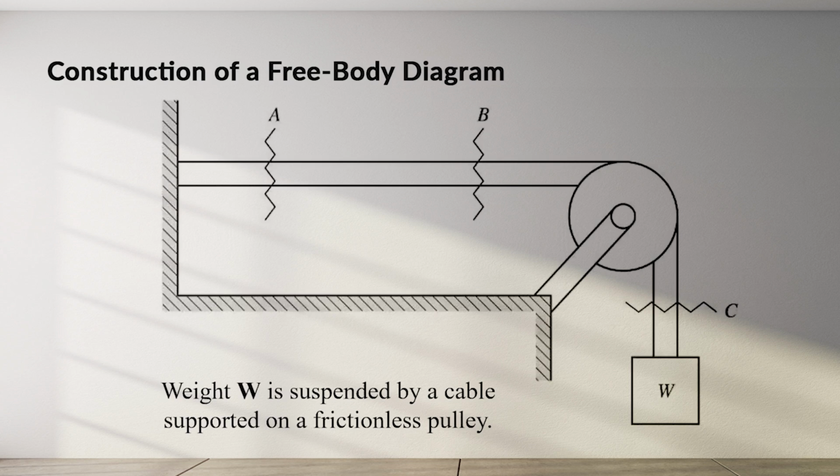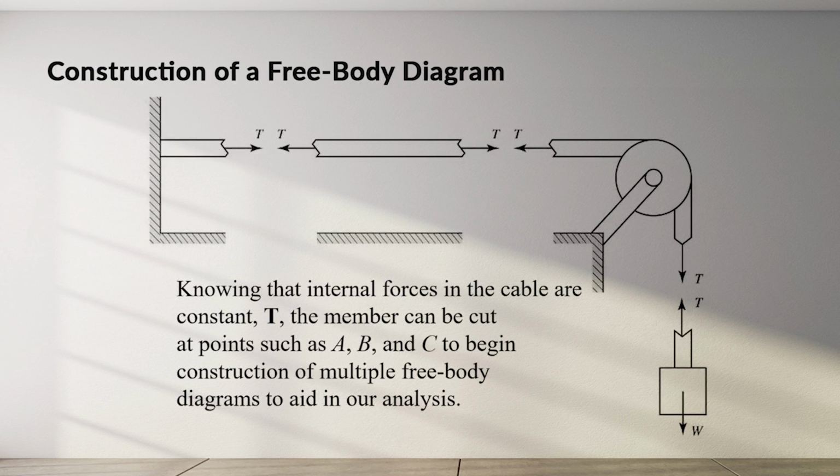Weight W is suspended by a cable supported on a frictionless pulley. Knowing that internal forces in the cable are constant, T, the member can be cut at points such as A, B, and C to begin construction of multiple free body diagrams to aid in our analysis.